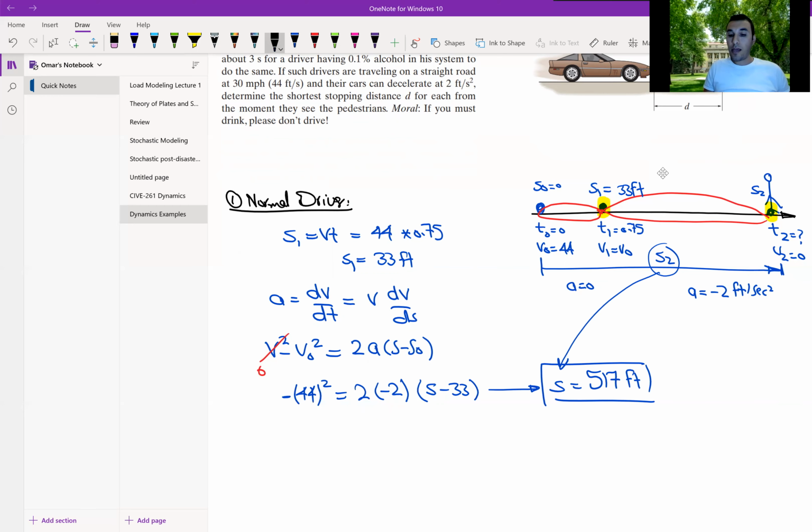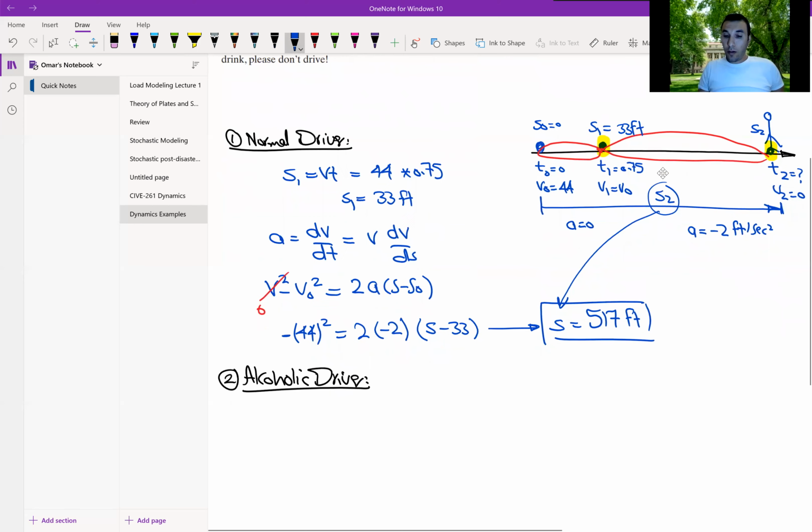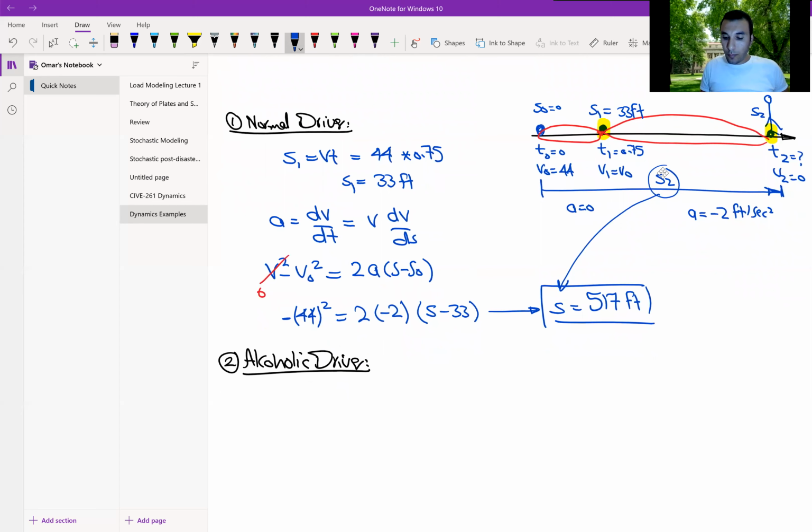The second will be the alcoholic driver. For the alcoholic driver, S1 will be Vt, and we have the same speed, but the time is different, 3 seconds.